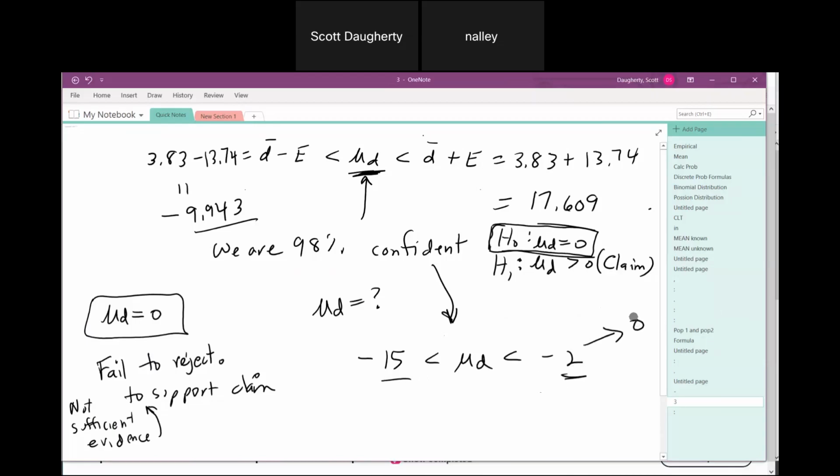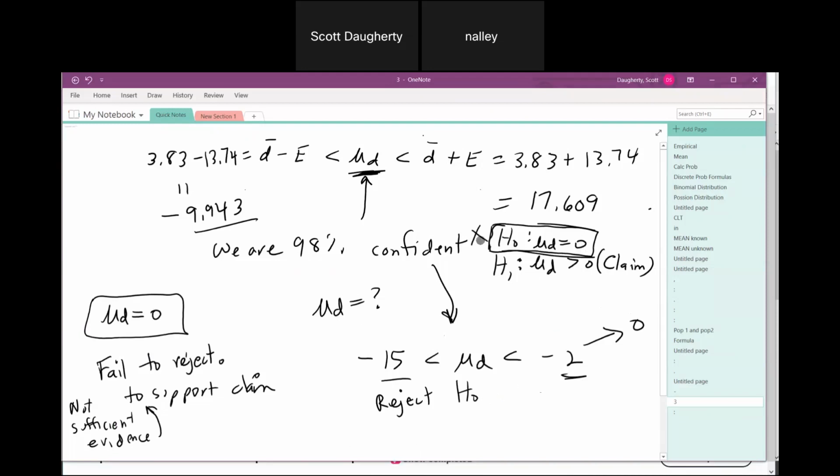It's here on the number line, right? So it doesn't look like mu sub d is 0. I'm 98% confident that it's between negative 15 and negative 2, which means it probably isn't 0. And that's when I would reject your null hypothesis. I don't believe this is 0 because of this.